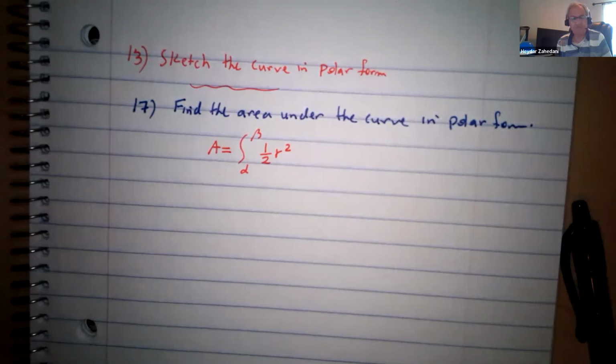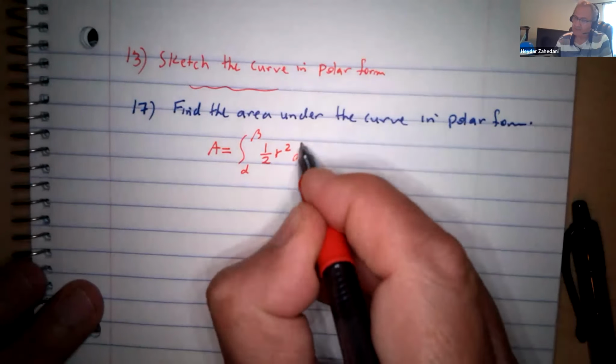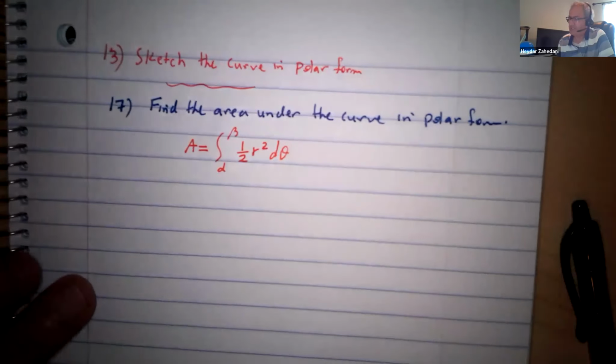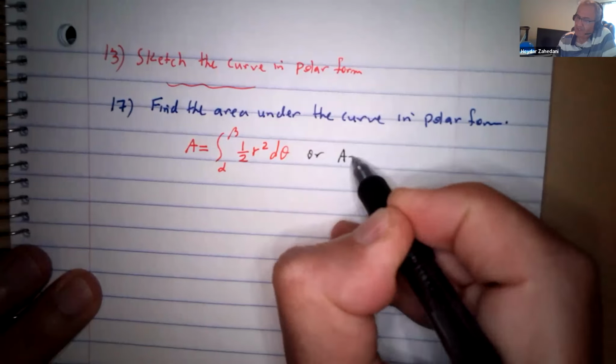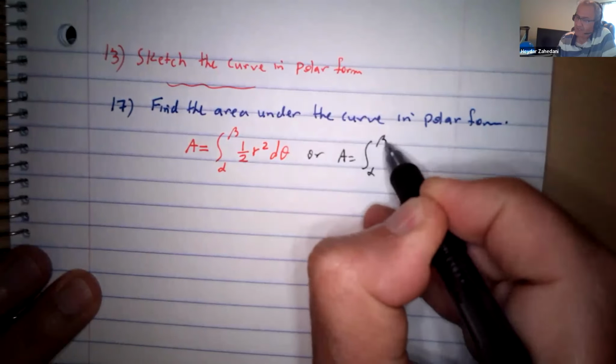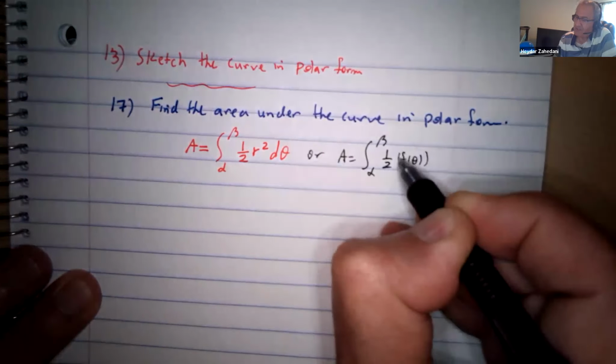It's the area question that we have. So it's 1/2 r squared dθ, or if you like, A is equal to the integral from α to β of 1/2 f(θ) squared.